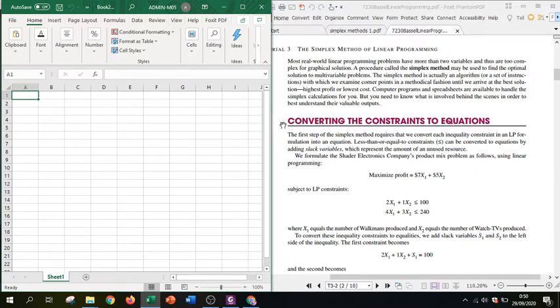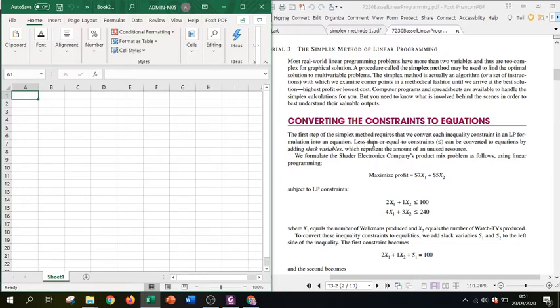First, converting the constraints to equations. The first step of the simplex method requires that we convert each inequality constraint in an LP formulation into an equation.